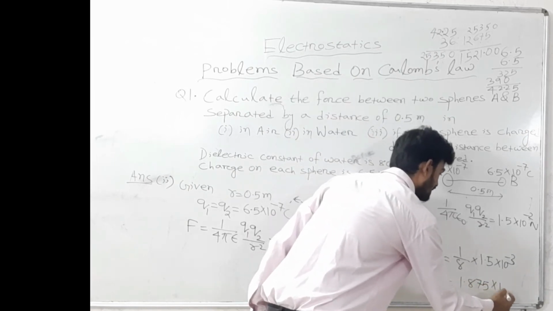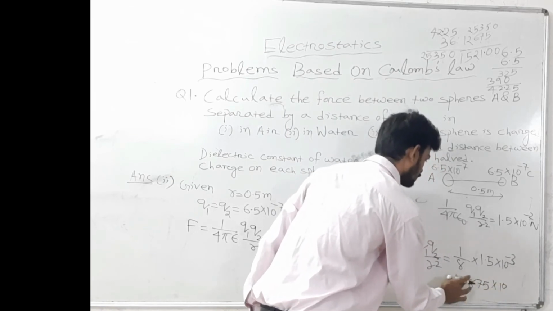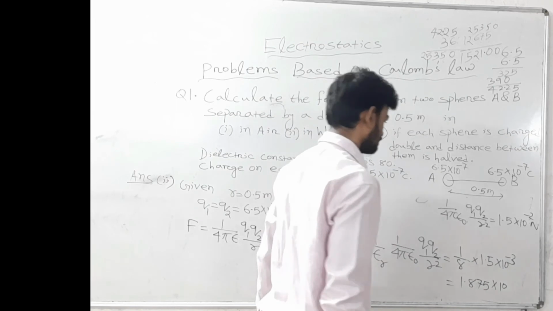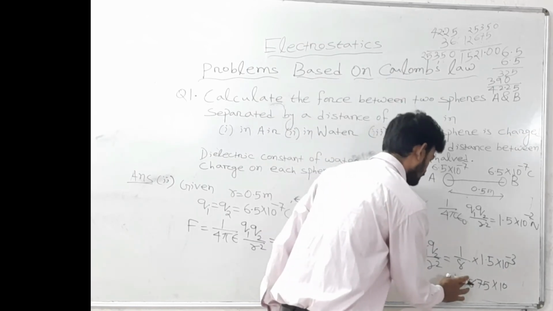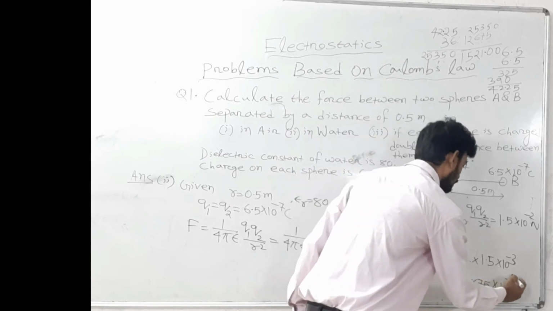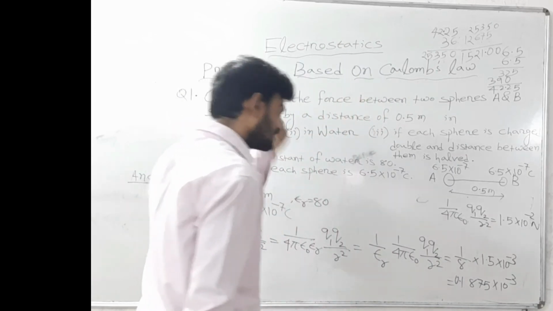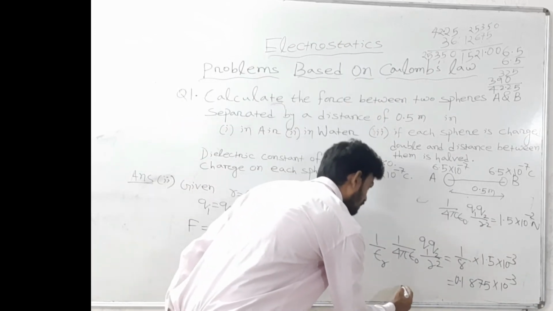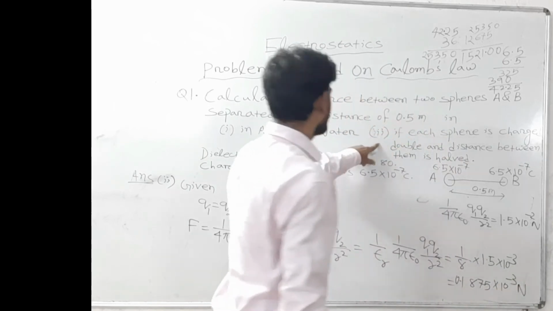So that gives 1.875 into 10 to the power... not like that, 0.1875 into 10 to the power minus 3 Newton. This is the answer of the second question.